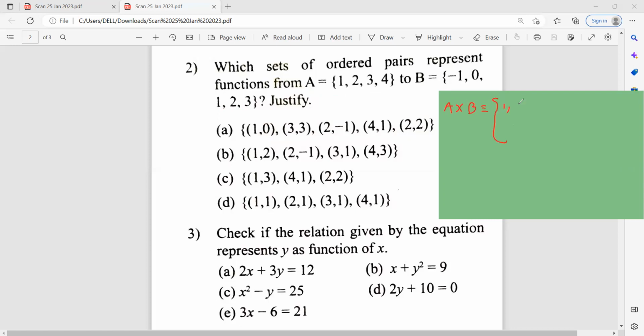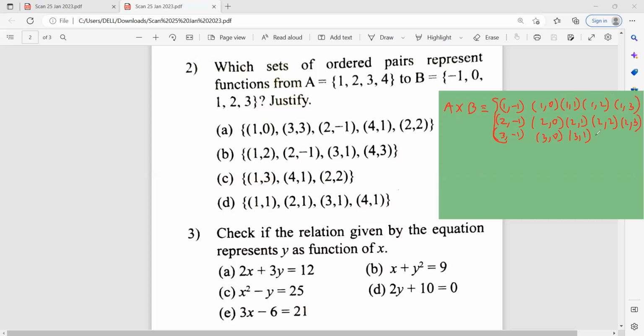1 minus 1, 1 0, 1 1, 1 2, 1 3, like this, then 2 minus 1, 2 0, 2 1, 2 2, 2 3, 3 minus 1, 3 0, 3 1.